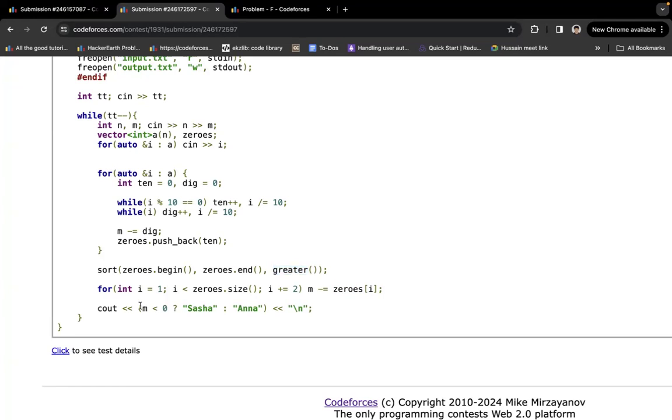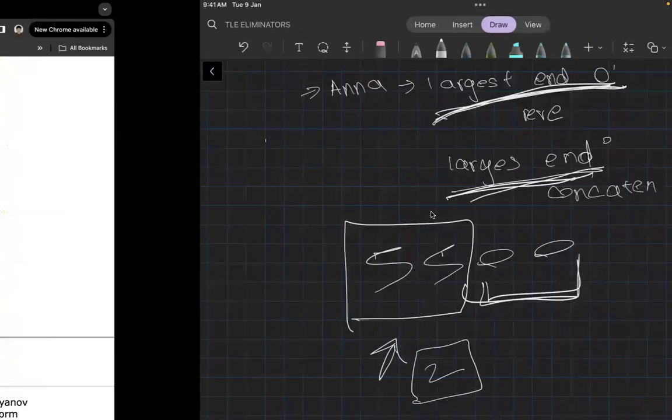In the end, if m is smaller than 0, instead of doing this, what you could have done is have a variable called n here, and then n plus equal to digit and n plus equal to zeros[i]. And then if n is greater than m, you can print Sasha, or else you can print Anna. But the concept is the same.